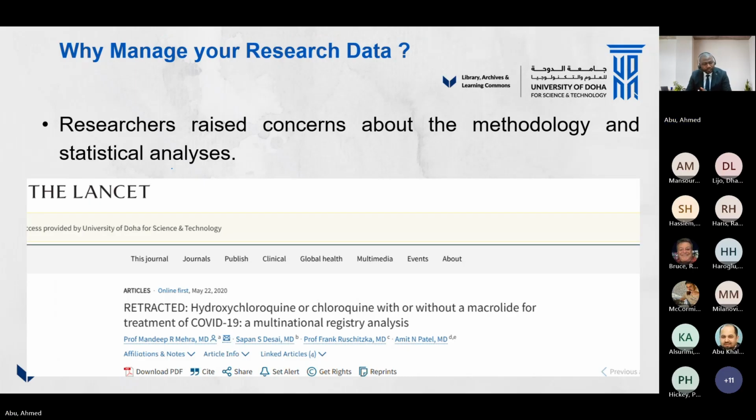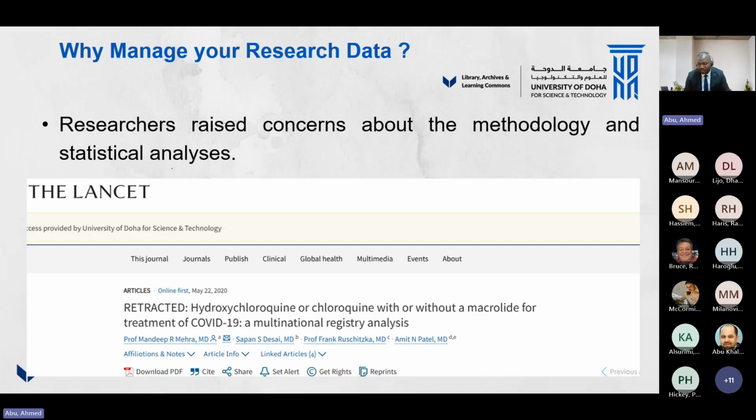Okay. Another similar issue was during the COVID-19 pandemic. There was a study that drew its samples from 10,000 COVID-19 patients worldwide, and they concluded that chloroquine increases the chances of mortality and health complications. But you see, not long after, researchers raised concerns about the methodology and statistical analysis. And at the end of the day, they realized that the data were incomplete. Some data were not collected.